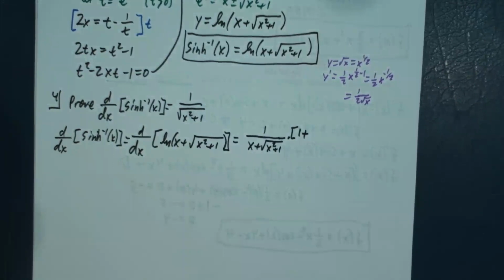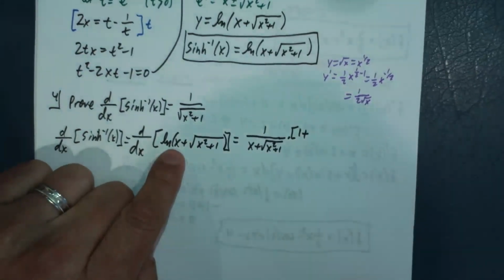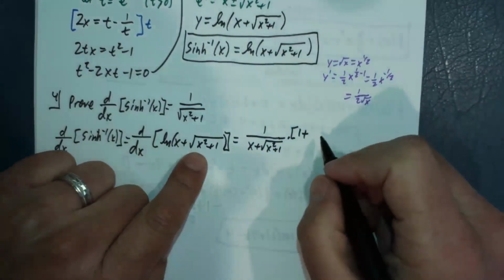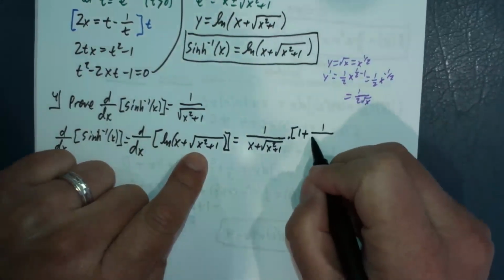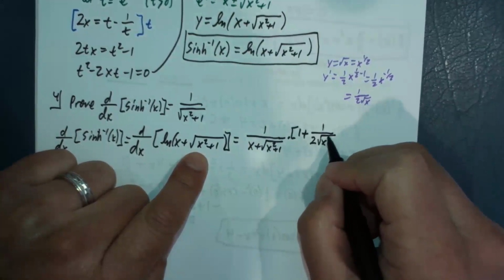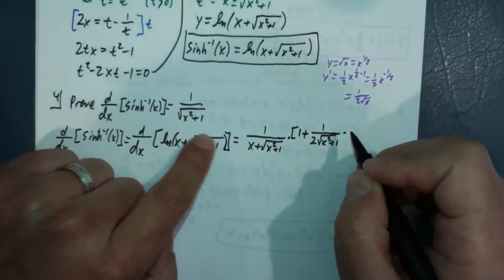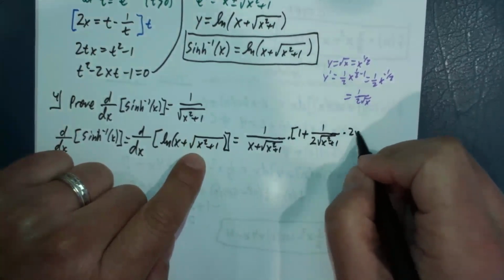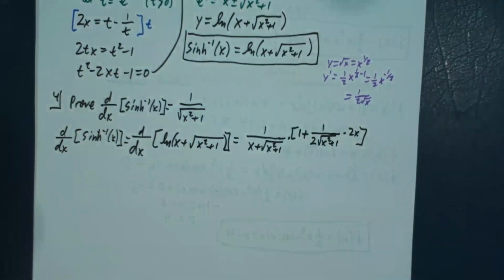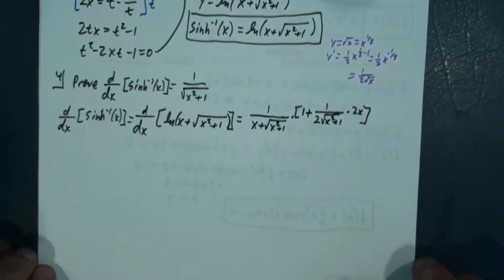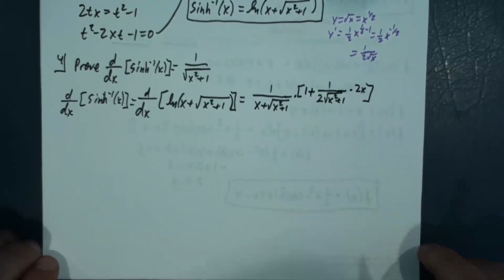This is going to be plus the derivative of the x, which is 1. The derivative of this here is going to be 1 over 2 times the square root of x squared plus 1, times the derivative of the inside here as well. That's going to be 2x. So you may need to take a few minutes, maybe pause the video, to try to absorb all of that. There's a lot going on there.